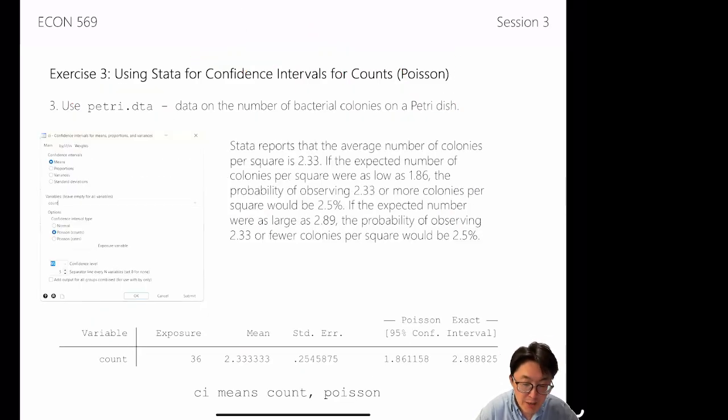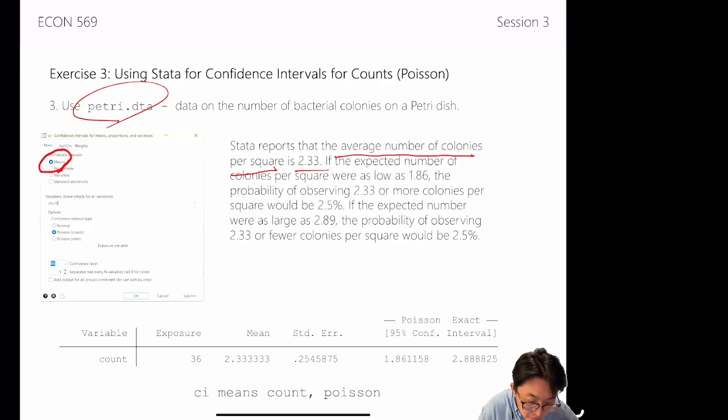So using the petri.dta, you can just open this data set. Then Stata will report that the average number of colonies per square is 2.33. And then you can just put mean, because it's not a proportion, it's actually the mean.